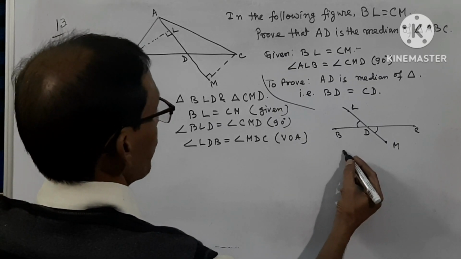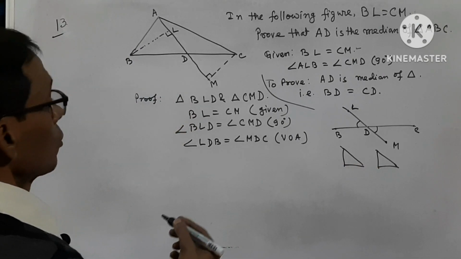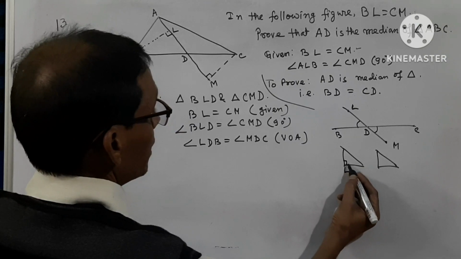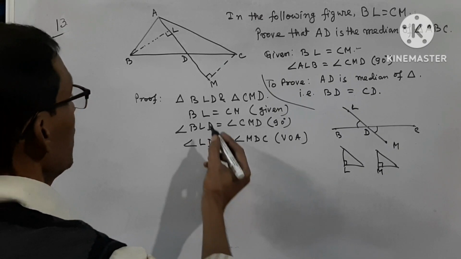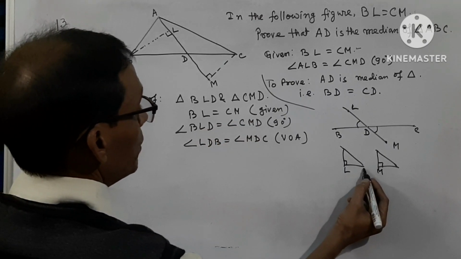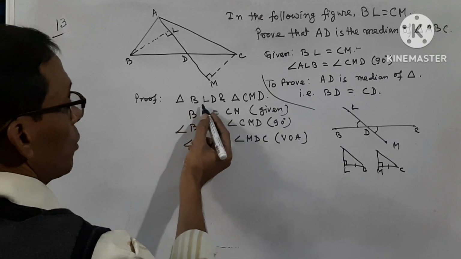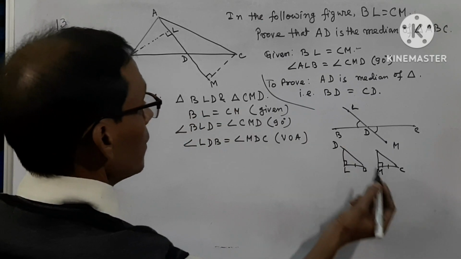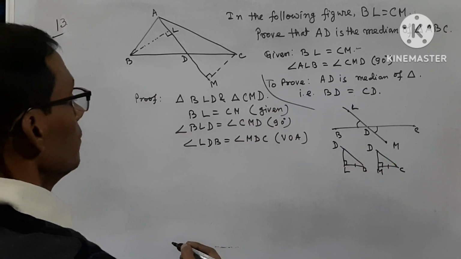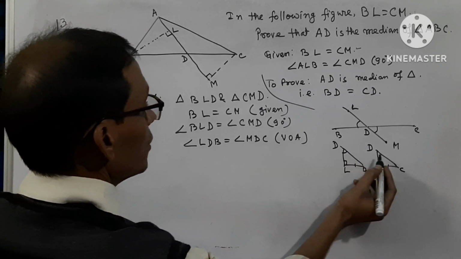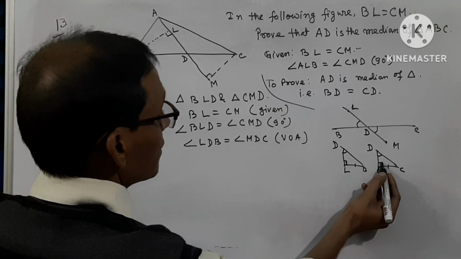So let me see the two triangles and make the corresponding parts. L is 90 degrees, here M is 90 degrees. BL equal to CM, so this will be BL and this will be CM because they are equal. Another point is D and D, which are equal, and this 90 degrees and this 90 degrees.